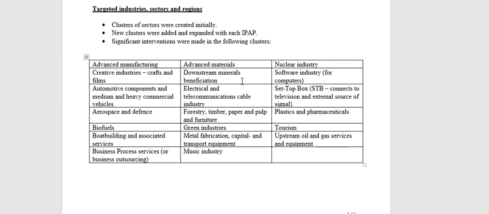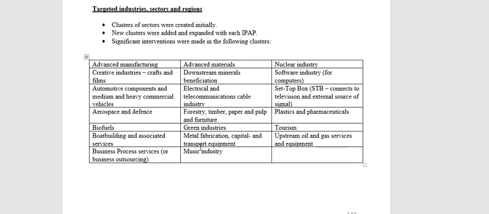Mineral beneficiation, value-added services, adding value to our minerals before we export them. Electrical and telecommunications industries, the forestry, timber, paper, and pulp. Remember, we spoke about the success of the interventions that happened here.